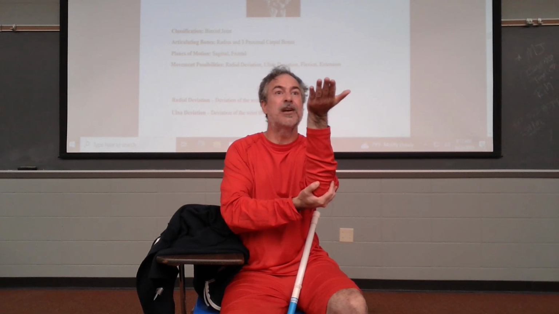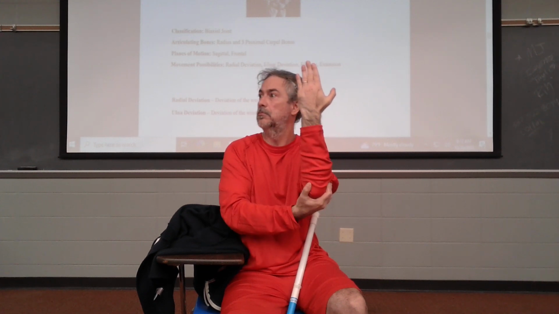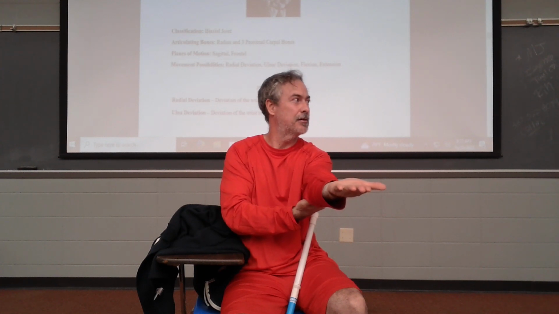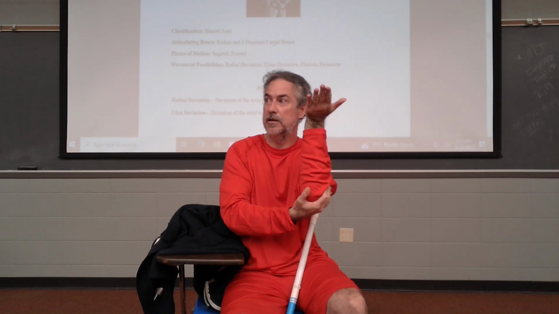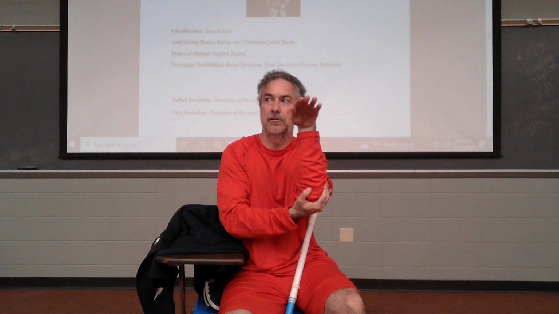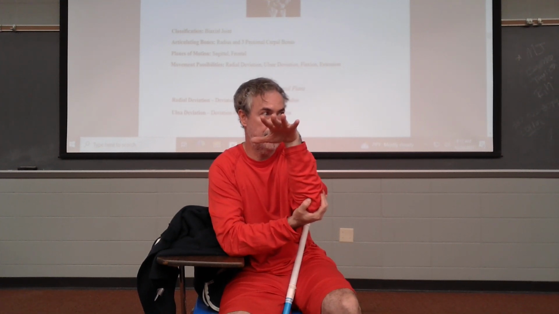And my radial ulnar joint has nothing to do with my wrist. I could bring my wrist back to anatomical. I could bring my elbow back to anatomical. Doesn't affect my radial ulnar joint. Does everybody understand? My radial ulnar joint is in anatomical position. Then I did this. Now is my thumb wrapped or unwrapped?